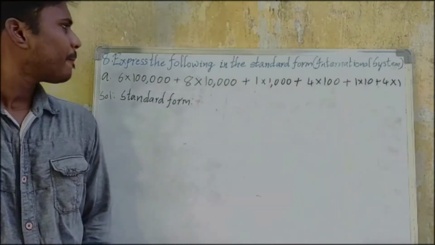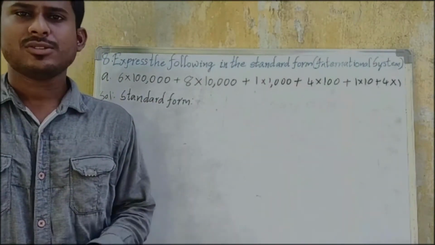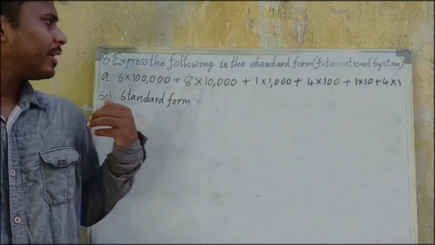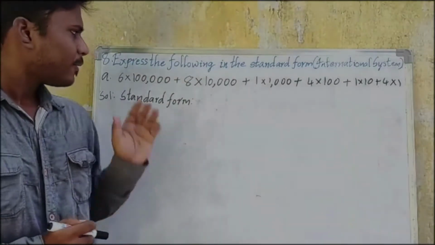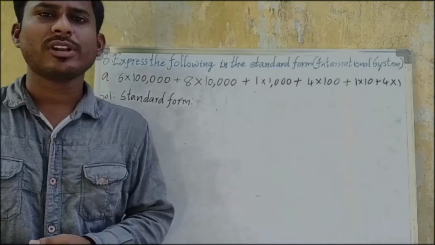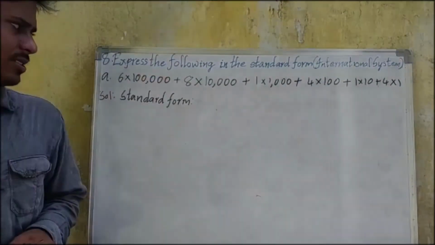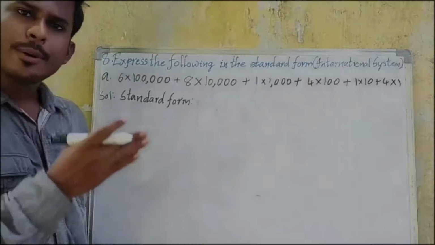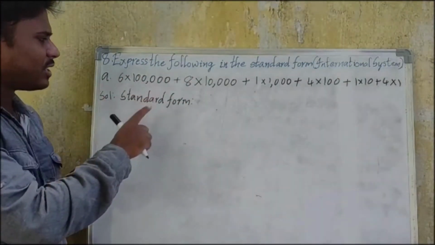Now 8th bit. Express the following in the standard form, international system. So using international system we have to express this number in the standard form. So the given question is in the expanded form. We have to write answer in the standard form. So as it is international system, first let us write the periods and places. First let us check the question here.